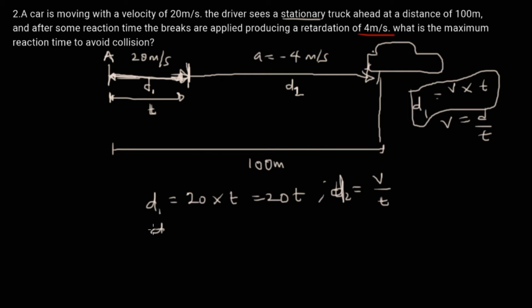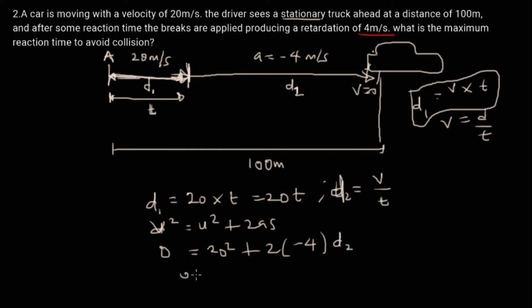So we can actually use v squared equals u squared plus 2as. Notice that in this period v will be equal to 0, because the object decelerates to rest. So v squared is 0, then u is the initial velocity, which is 20 squared, plus 2 times the acceleration, which in this case is negative because it is a retardation, times s, which is d2.